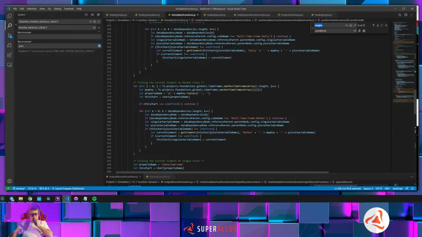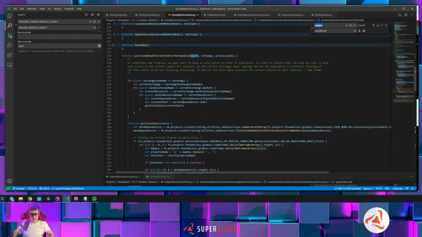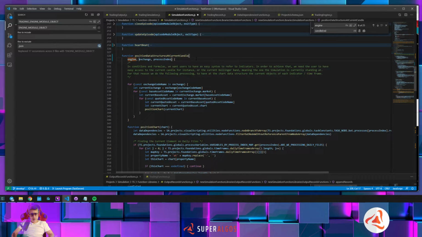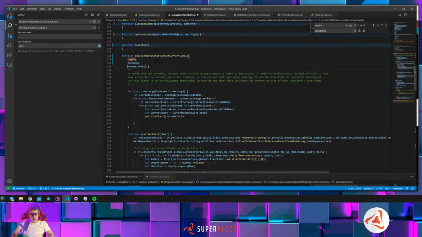So the same trick, essentially. We don't actually need the engine, but the episode candle. That's what we need.